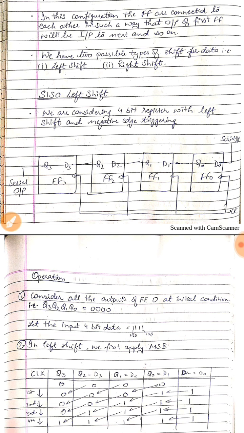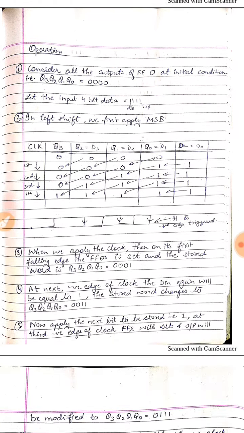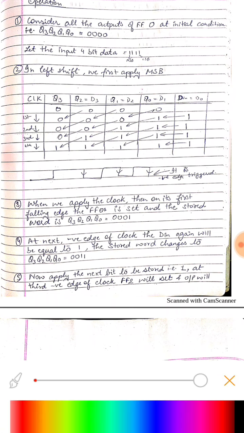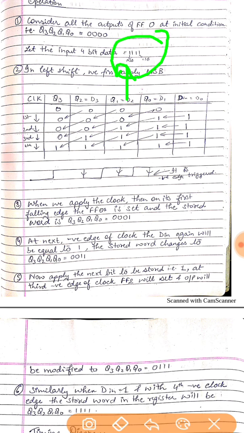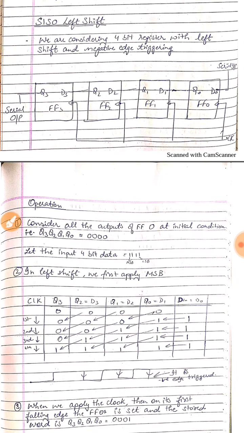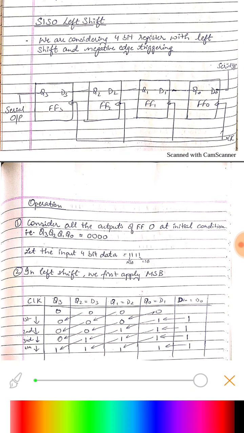In the left shift, as I have told, the MSB, that is the leftmost bit, will be fed first to the flip-flop. As we can see in the diagram here, we will feed the MSB from this one.